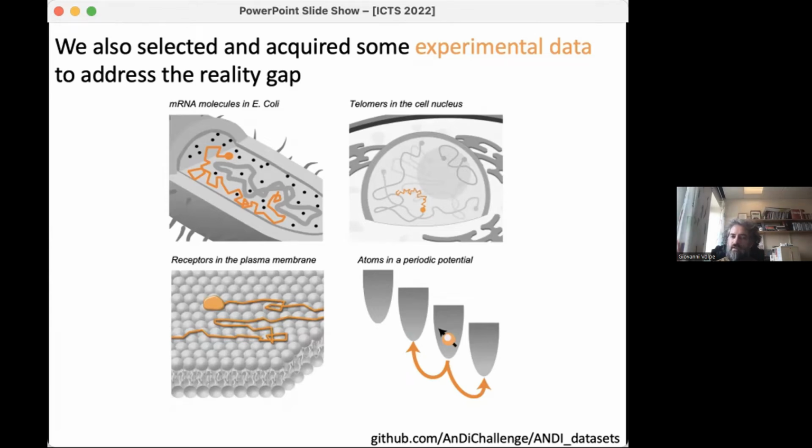This is very interesting, obviously. We'll see these 4 experiments a bit later, but as you see, they are about how mRNA molecules diffuse within an E. coli, how telomeres diffuse within the cell nucleus, how receptors diffuse in a cellular membrane, and finally how atoms diffuse in a moth.